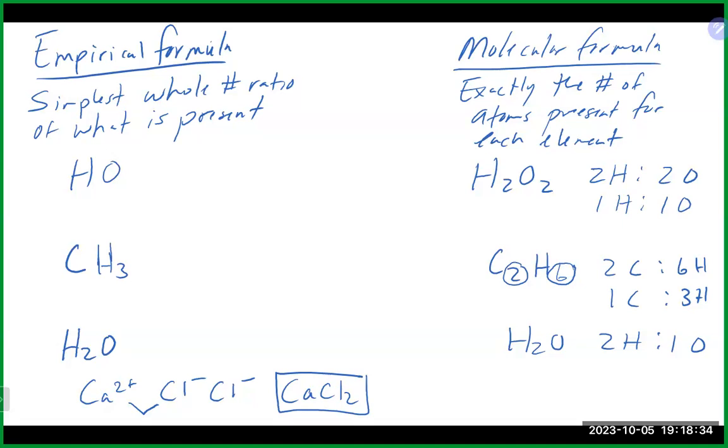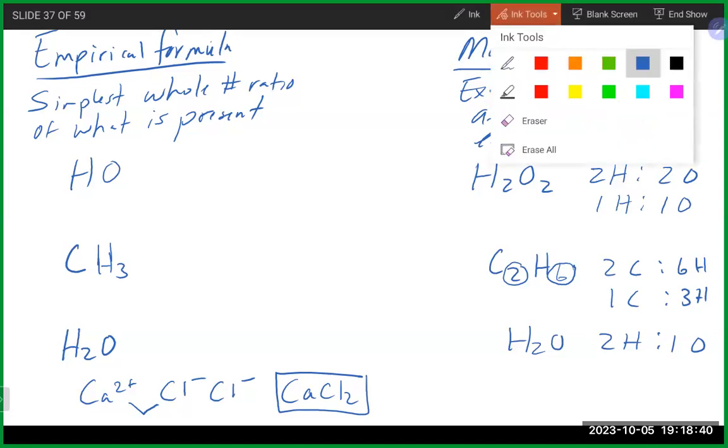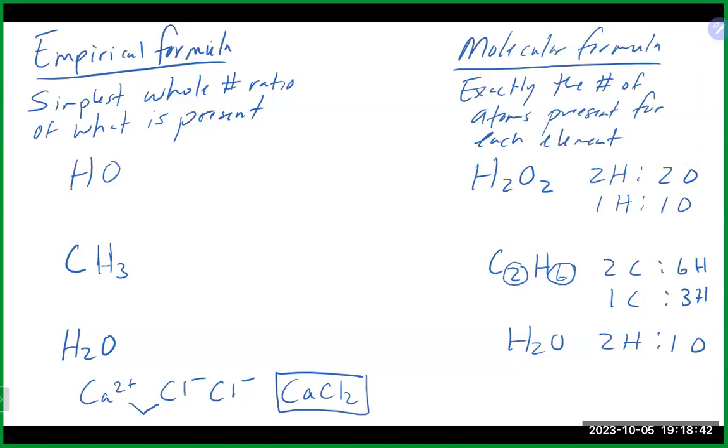Now, we talked about percent composition by mass. If we were to calculate the percent composition, for example, of each of these elements in hydrogen peroxide, that would be 2 times our 1.008 for our hydrogen, plus 2 times our 16 for our oxygen.